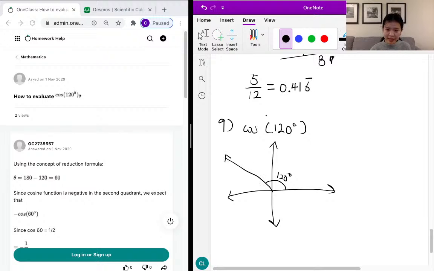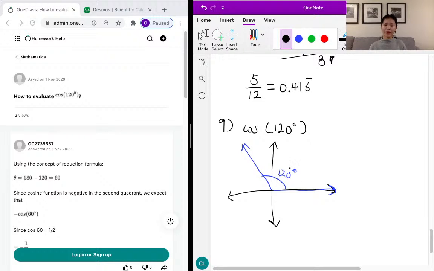Or I guess I should probably do it in another color. You know what, let's just do it in another color, so it's more clear. So this is 120 degrees, this would be our 120 degree angle. Cool.